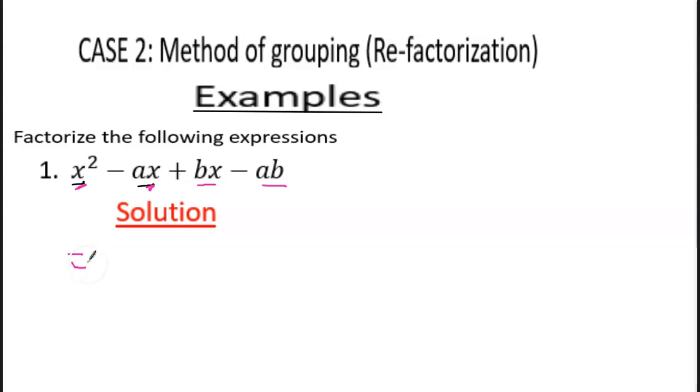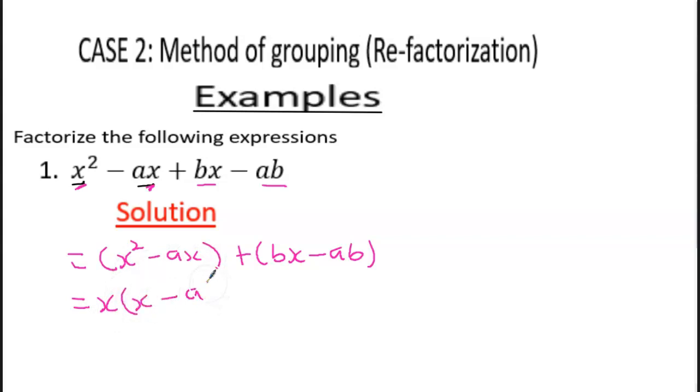So this is equal to, bracket open, x squared minus ax, plus bx minus ab. Now for these 2 terms, you can see that x is common. So we bring x out, leaving x minus a, bracket close, plus bx minus ab.